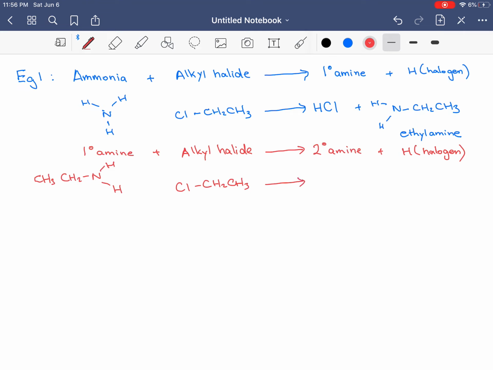Just give me one of them. You're going to get HCl and you're going to get this. That is a secondary amine because the nitrogen is connected to two other carbons. And the name for this guy is diethylamine.